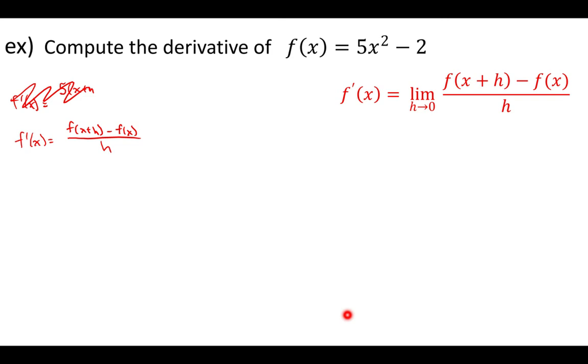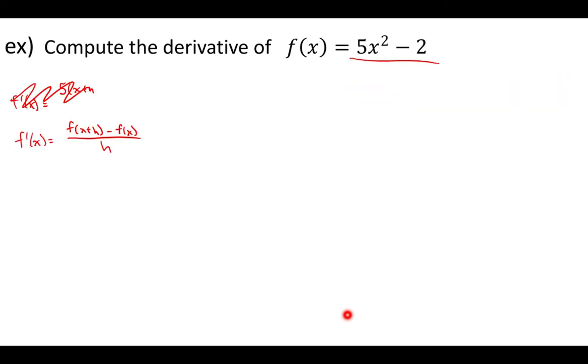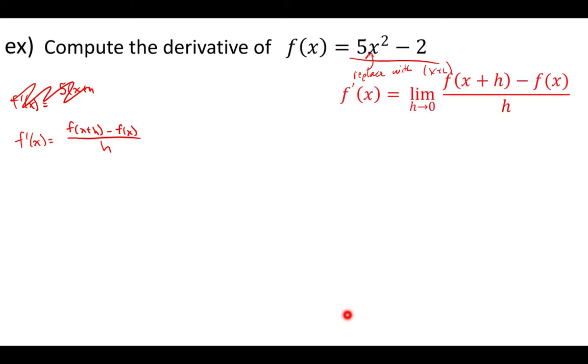So our function here is 5x squared minus 2. In the first term, the f of x plus h, we're just going to replace x with x plus h. That's all we're doing, the same thing we did in the last one. So then this becomes f prime of x equals, and I forgot my limit there, the limit as h goes to 0. It is important to carry that with you every step.